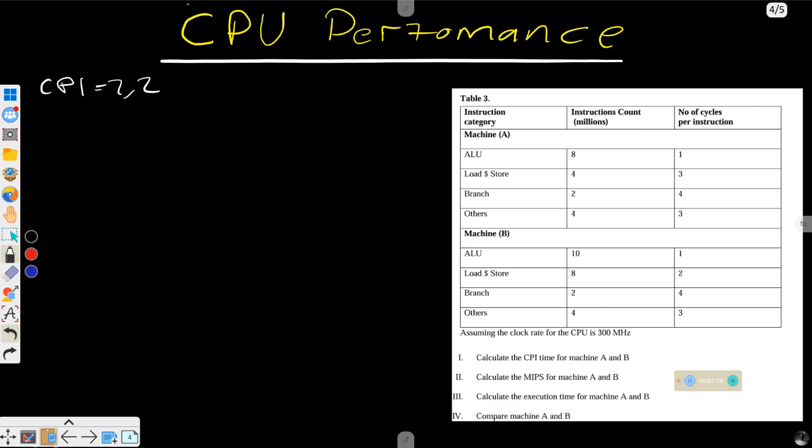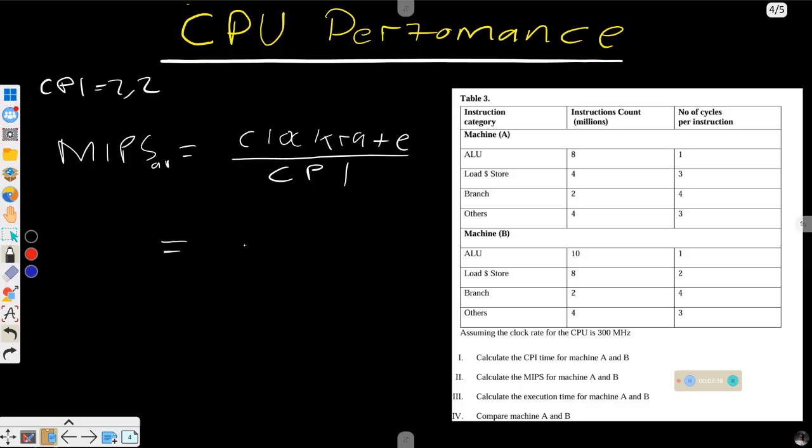Now since the CPI is 2.2, let's calculate the MIPS for machine A. MIPS average is equal to clock rate over your CPI times 10 to the power 6.